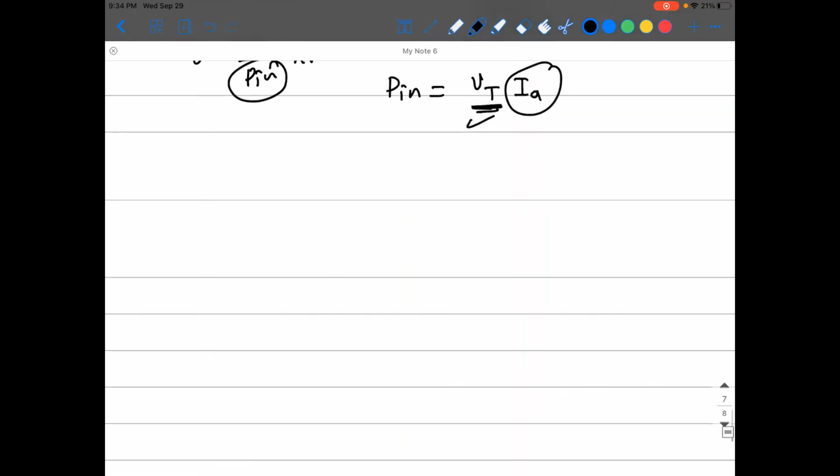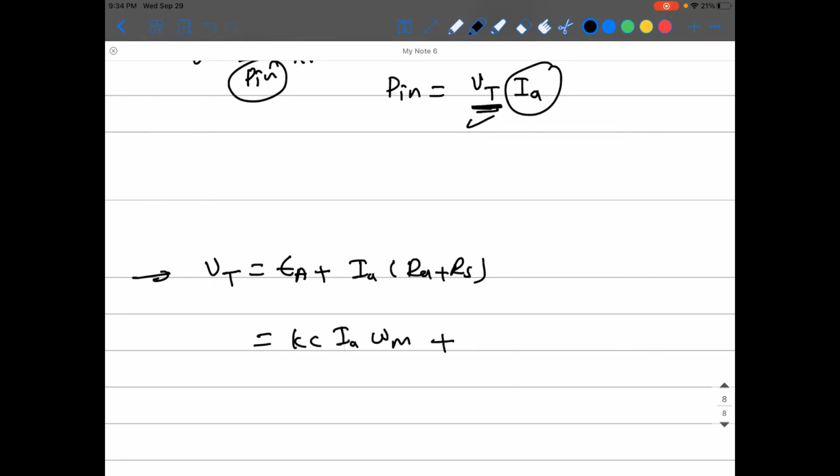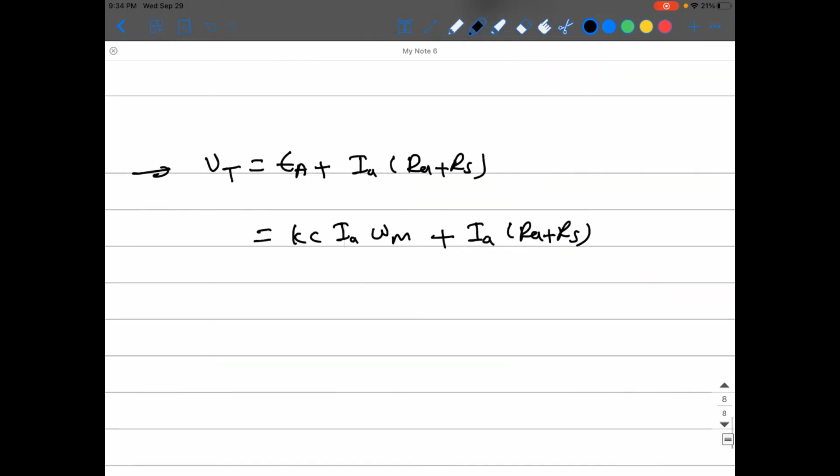How to find it? The same thing we did before. Go to the armature voltage equation. V terminal equals EA plus IA times RA plus RS. EA will equal KC times IA times omega M, plus IA times RA plus RS. Okay, guys? Now it's much easier. Everything for now is known.